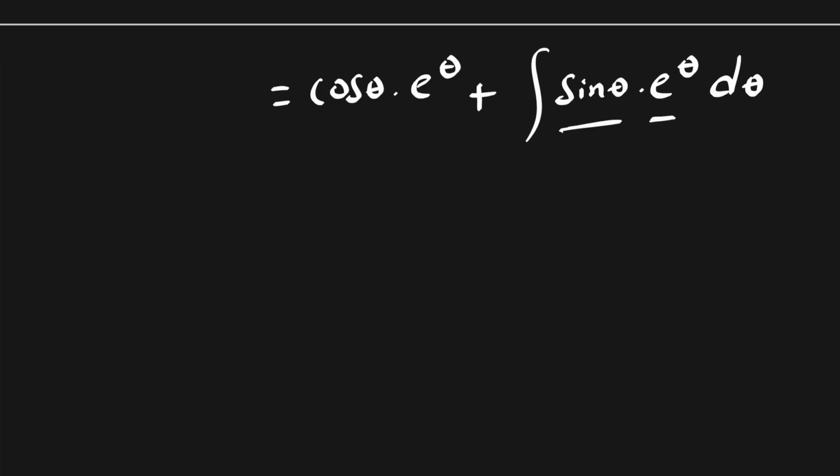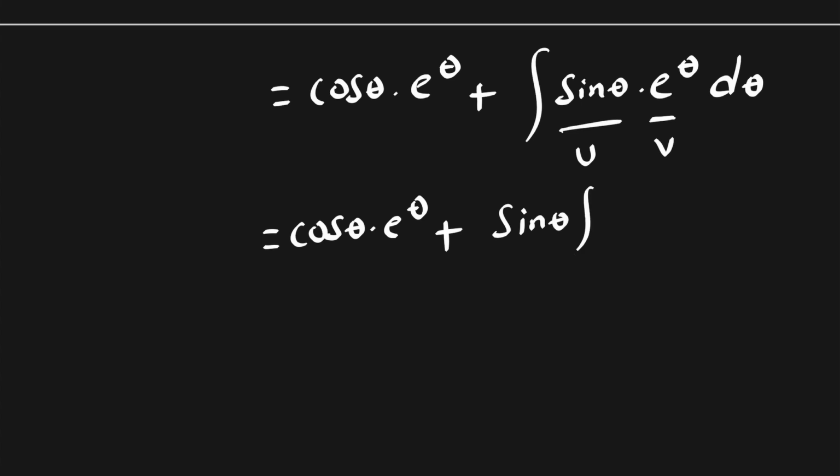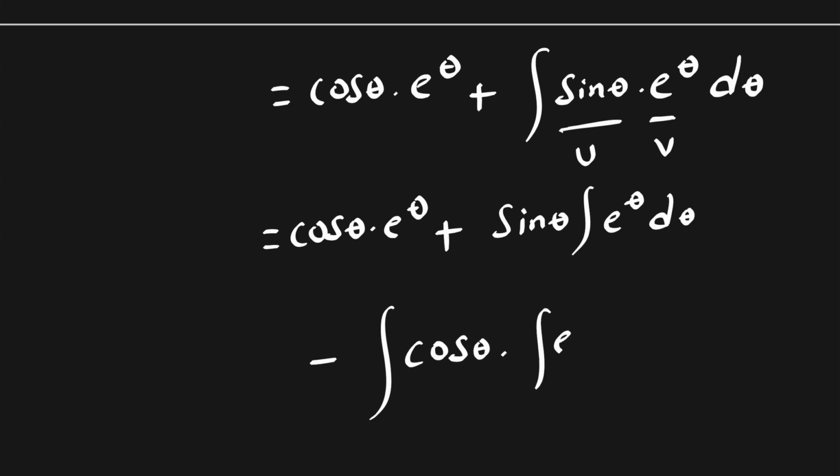So sine theta times e to the power of theta, so sine is u and e to the power of theta is v. So apply the ILATE rule again over there, just dropping down cos theta and e to the power of theta, and ILATE rule. E to the power of theta is inside, sine theta integral e to the power of theta d theta, minus integral, the derivative of sine is cos theta, times integral e to the power of theta d theta.